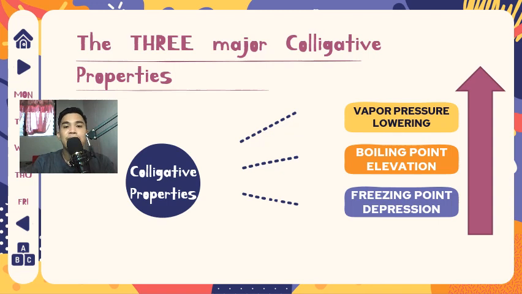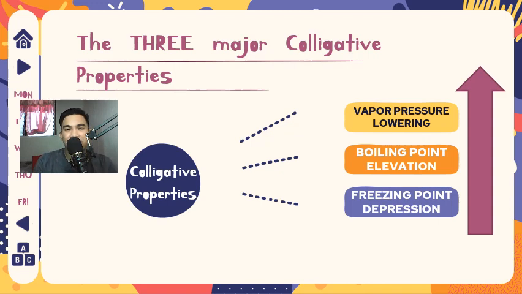So in these three major colligative properties in terms of electrolyte solutions, wherein there is an electrolytic solute being added to the solvent, it is really expected that the vapor pressure, the boiling point, the freezing point, or whatever the non-electrolyte can do to these properties will be even more exaggerated, I guess, or it will increase or decrease more.